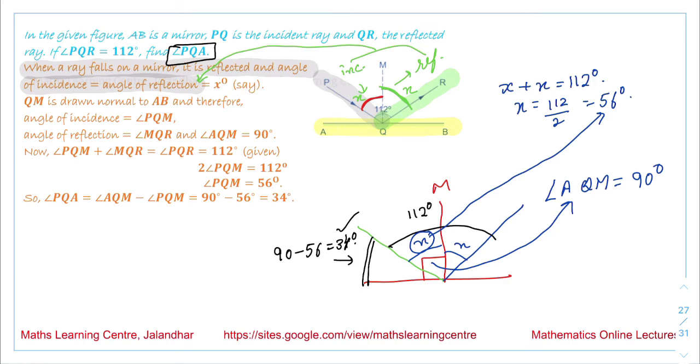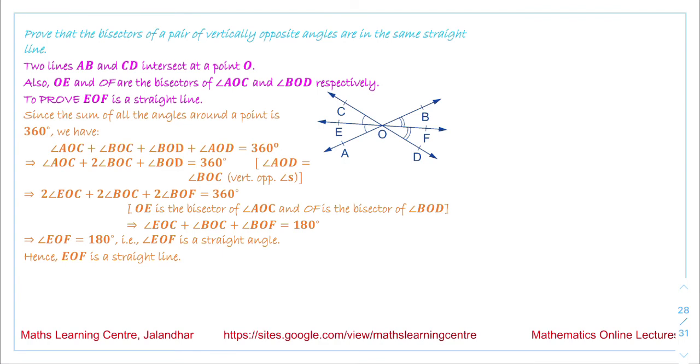Now the next thing we have to prove is that the bisectors of a pair of vertically opposite angles are in the same straight line. Suppose we are talking about two vertically opposite angles, one is this line, the second is this line. The bisector of this angle is over here and the bisector of this second angle is over here, and O is the point of intersection.